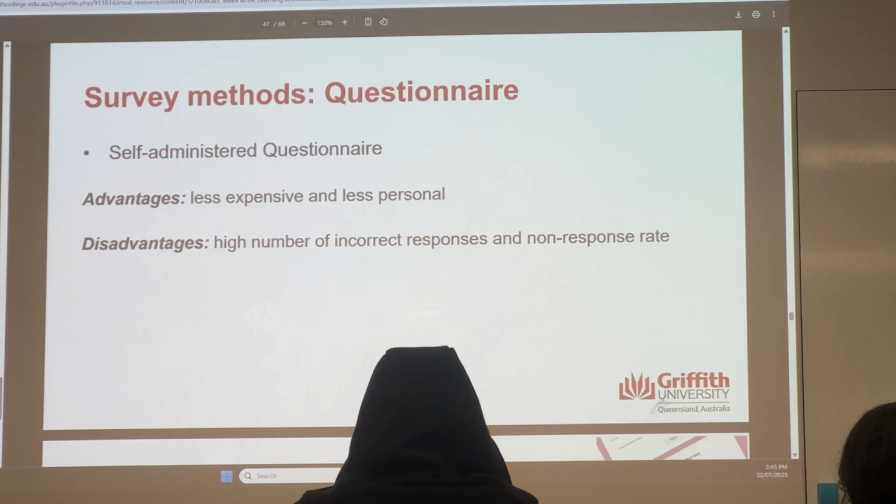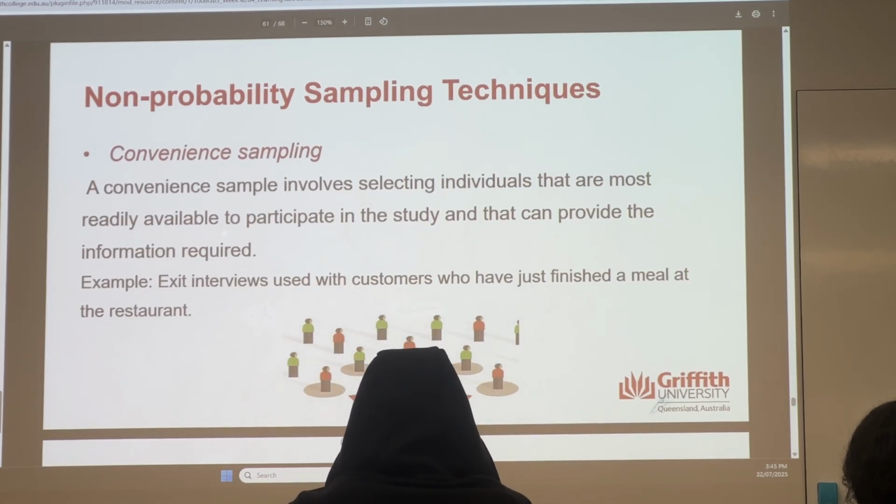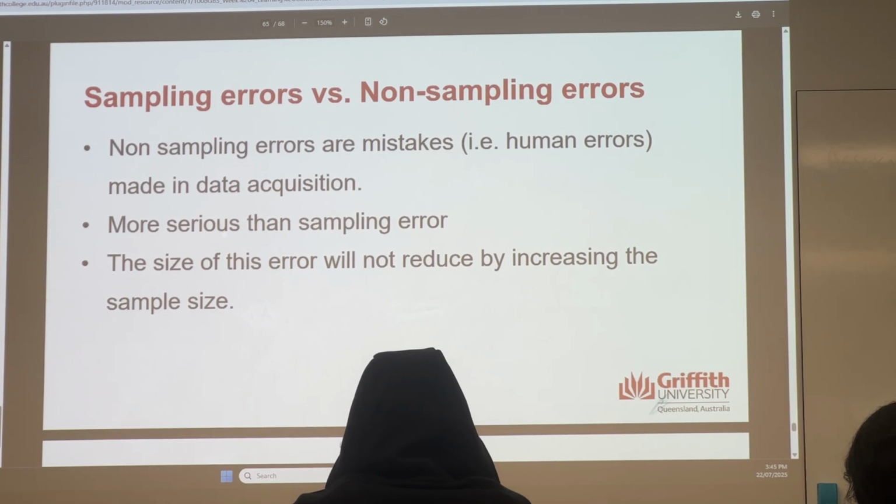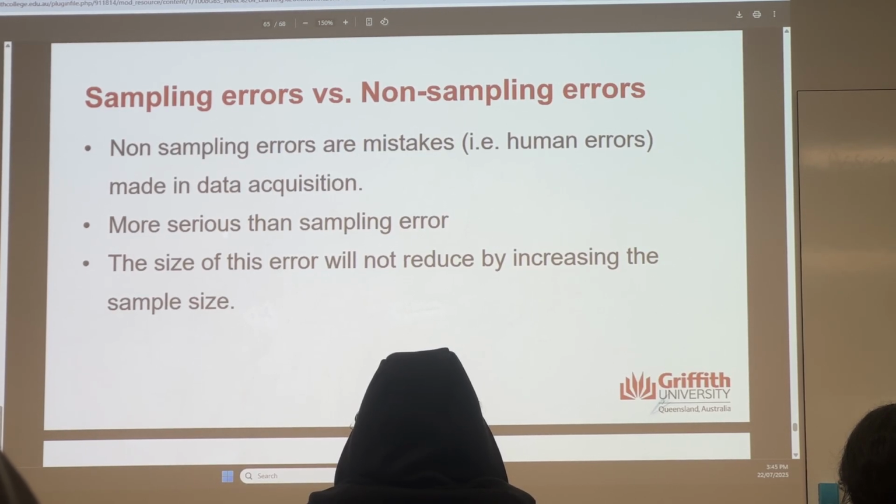Non-sampling error means when you make a mistake, so that's a human error. When you write numbers, suppose that I said my income is $1,000 and you type it as 10,000, you put one more zero, that's a serious error, we call human errors.